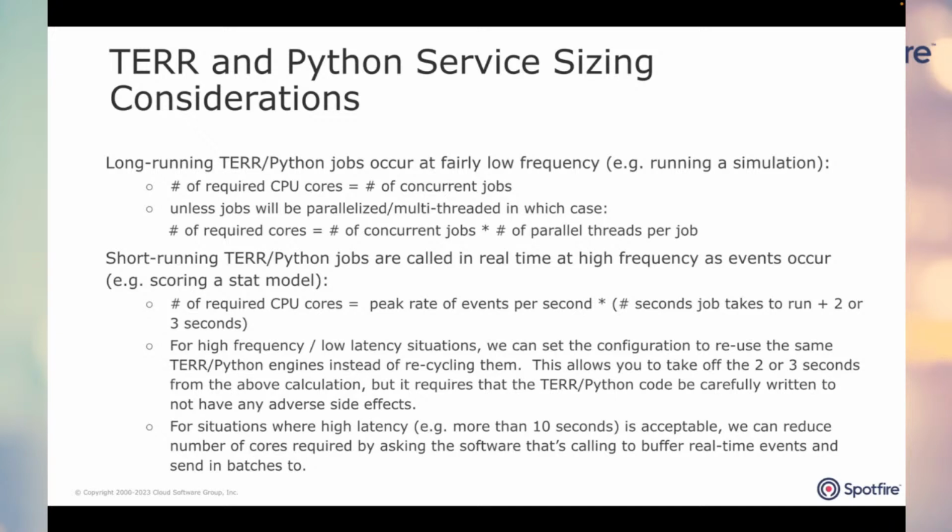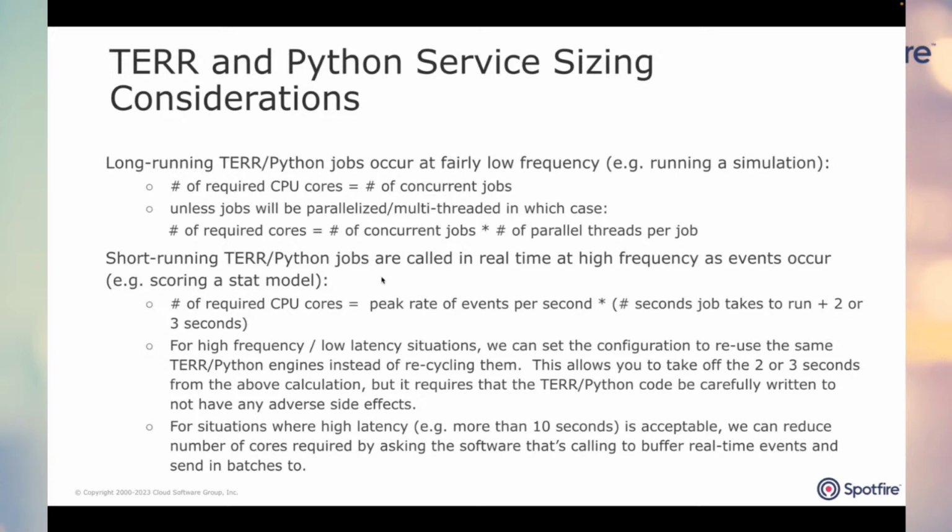So if you have 4 cores on a machine, you'll have 4 engines running. Obviously, users do queue up on those engines. If you have a short running script, you're going to be able to process more concurrent users than if most of your scripts are longer running.